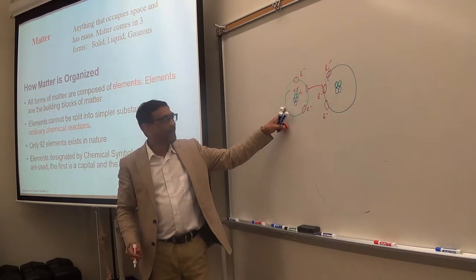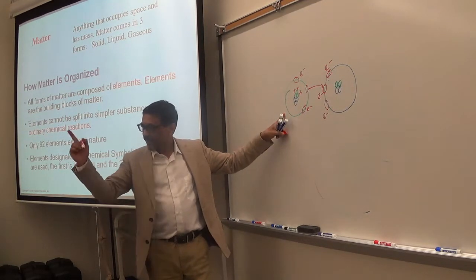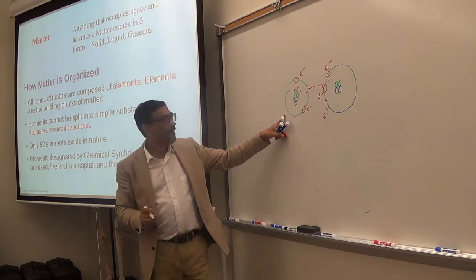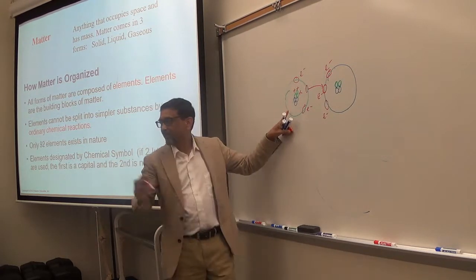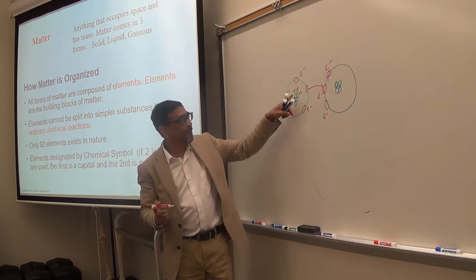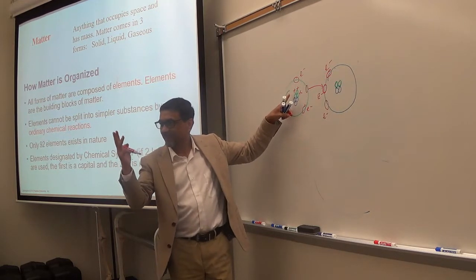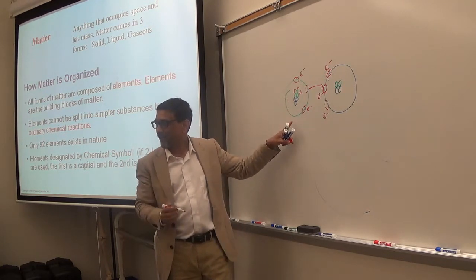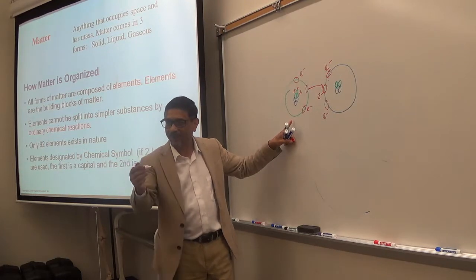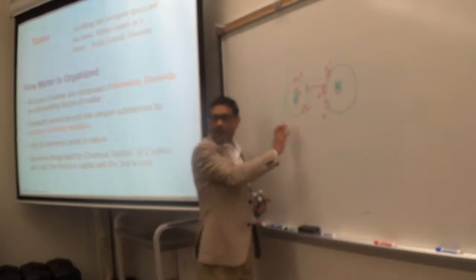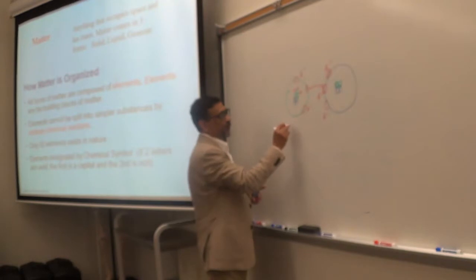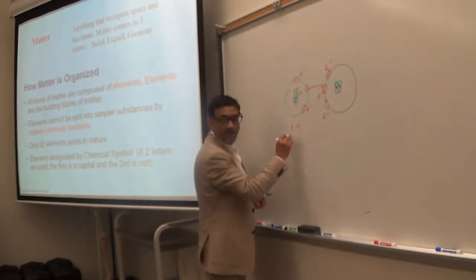So how many electrons does this one have now? 2. But how many protons? 3. So this will become positive because 1 positive more, right? So it is no more neutral. It will become a positively charged atom.